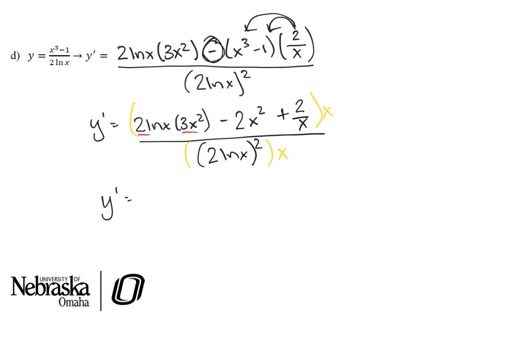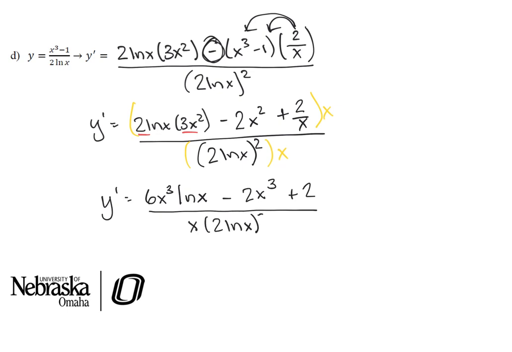So 6x squared times x would be 6x cubed natural log of x, minus, multiplying the next term by x, we have minus 2x cubed plus 2, all divided by x times (2 natural log of x) squared.